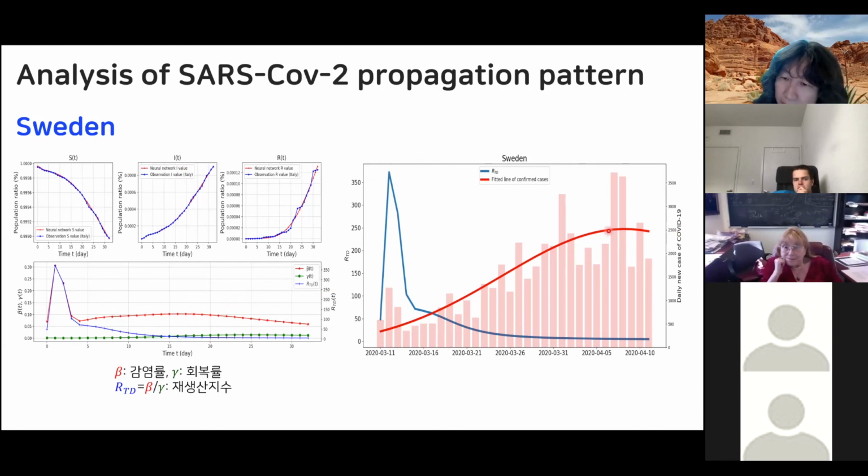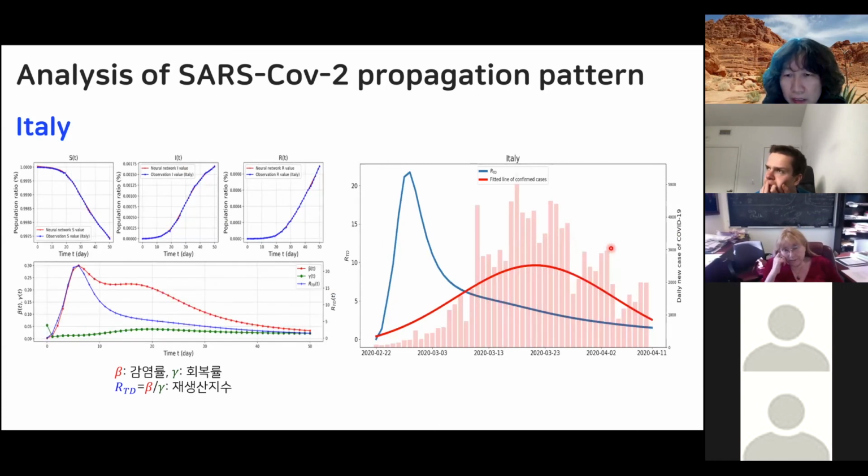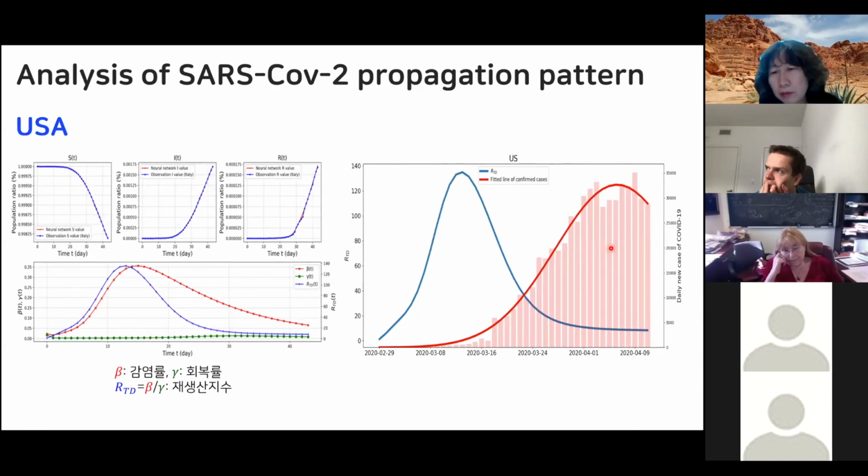The reproduction index always precedes the actual confirmed cases in Sweden, Italy, and finally the US. Although the gap between the 2 maxima differs from country to country, the pattern is similar.